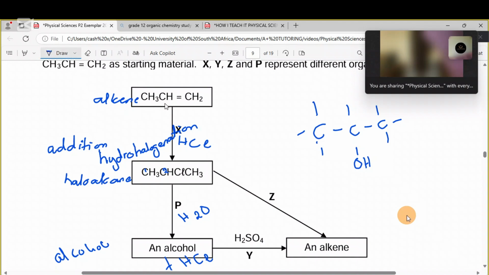Okay, so this is the alcohol we had, right? Now from this alcohol, we then had what? What happened? What did I remove?